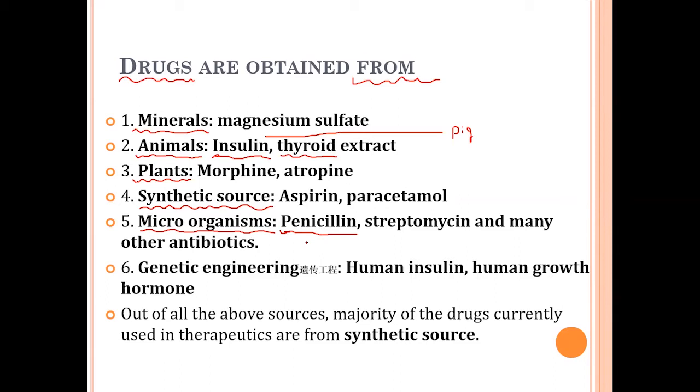And also, some can come from genetic engineering. Originally insulin came from animals. Right now, we can use genetic engineering to produce insulin and other hormones.